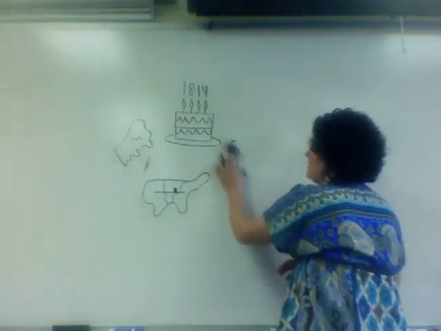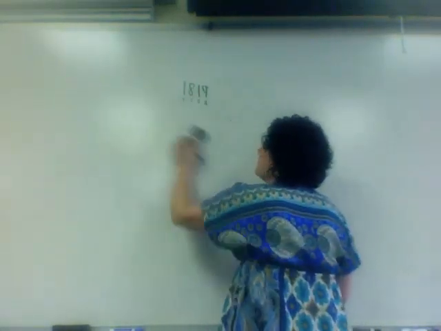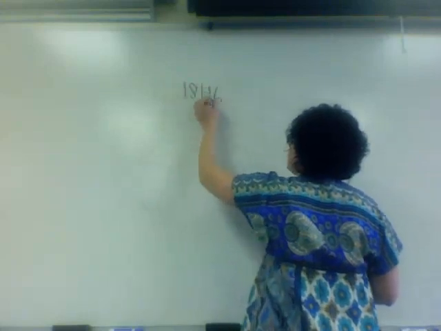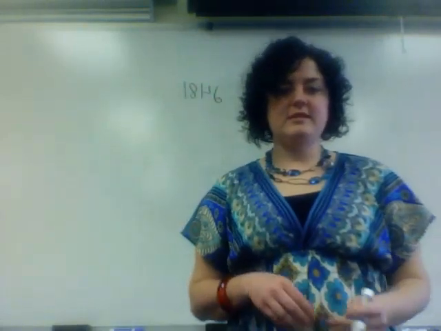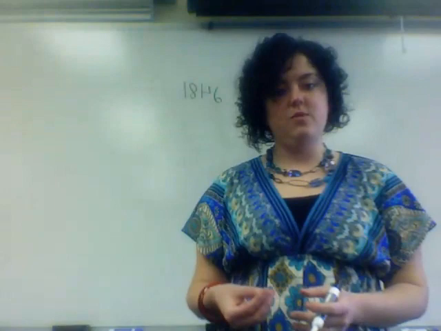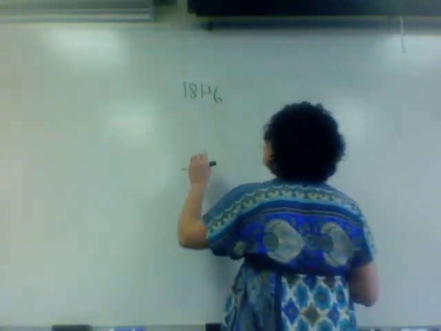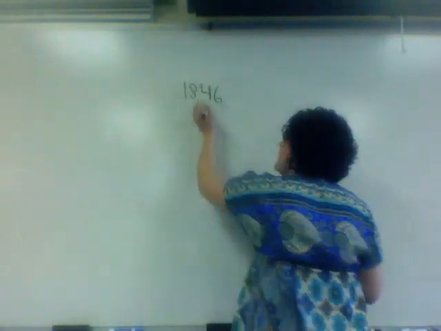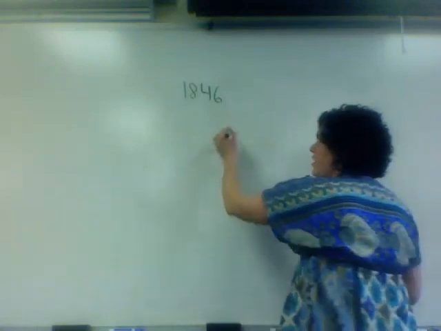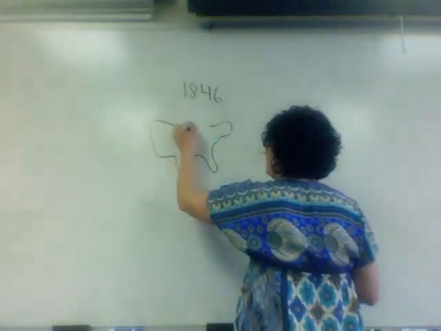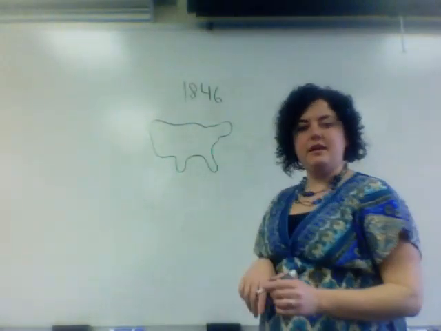Now, the second piece of legislation we need to talk about is the Wilmot Proviso. This piece of legislation occurred in 1846. In 1846, David Wilmot saw that we were going to be getting more land because of the Mexican War. David Wilmot said, we've got all this land coming from Mexico once we defeat them in the Mexican-American War.